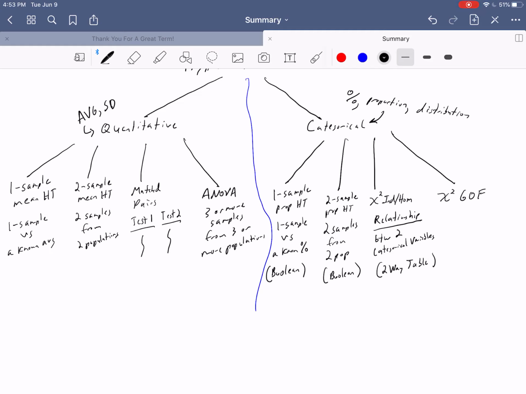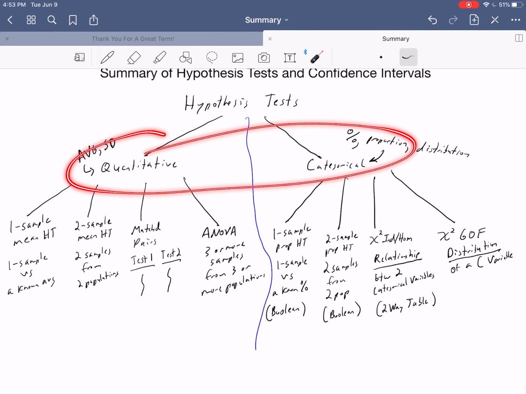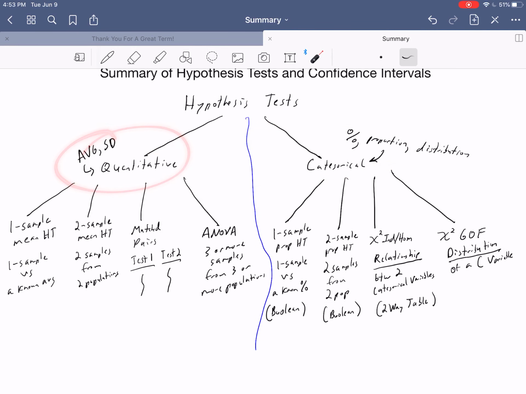Finally, for chi-squared goodness of fit, this is about the distribution of a categorical variable. So if you see anything that mentions whether or not a distribution has changed or is different, so in other words, if you see that keyword of distribution, then you know you're supposed to use a chi-squared goodness of fit. So there we go. There's our 8 different hypothesis tests divided into 4 that apply to quantitative information, 4 that apply to categorical, and a little bit about how to identify each of them.